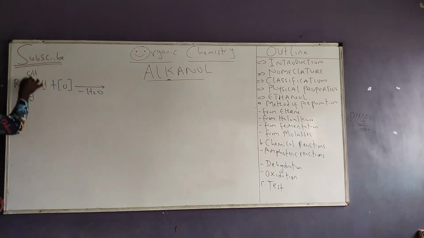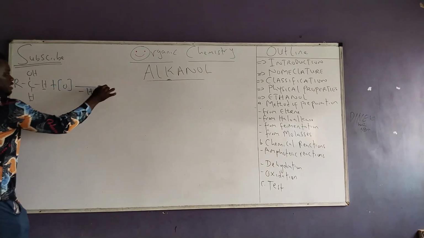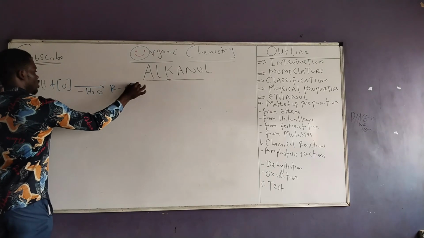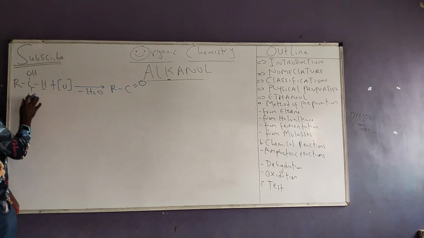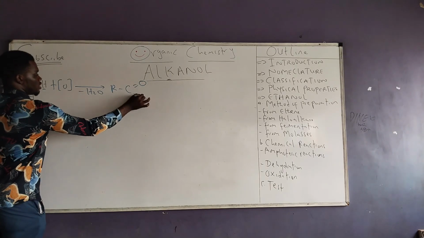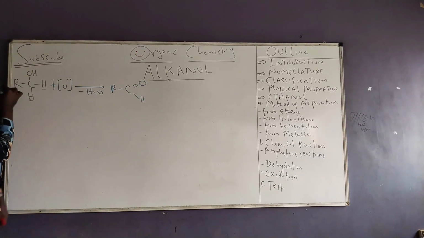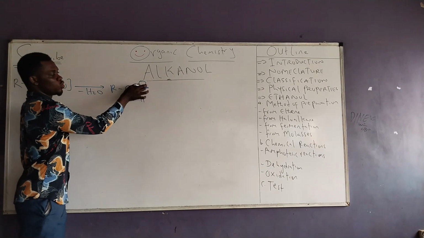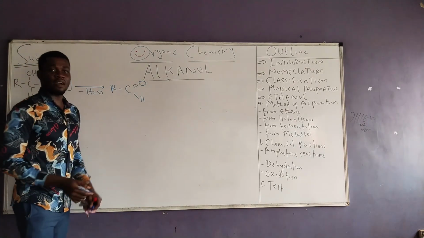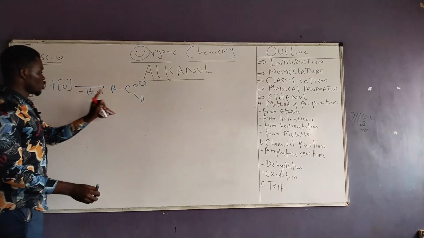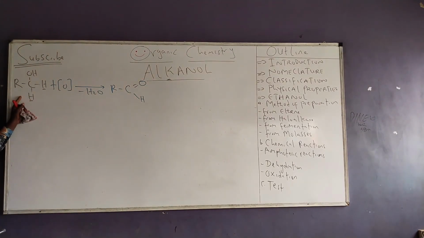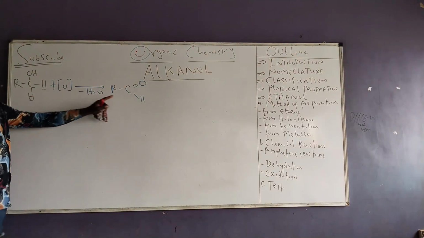What will I be left with here? I'll be left with a double bond. So this is R, this is C, this is a double bond. So this oxygen will occupy this double bond. Then remember, I'm left with 1 hydrogen here. What have I formed? I have formed RCHO. What is RCHO? That is the general formula for alkanal. So when a primary alkanol is oxidized, it will give us alkanal.